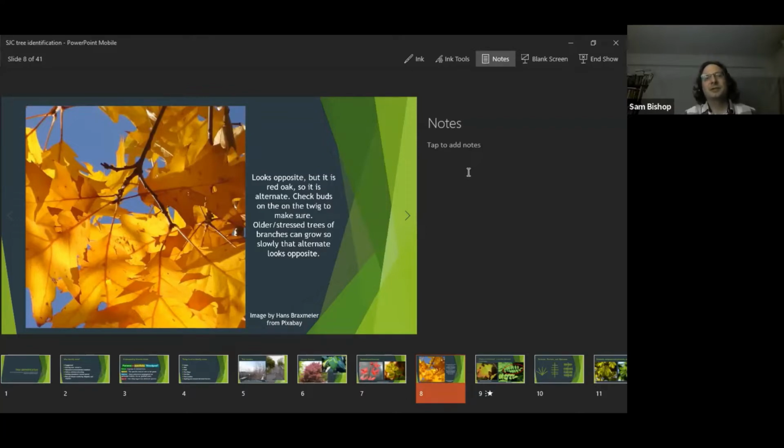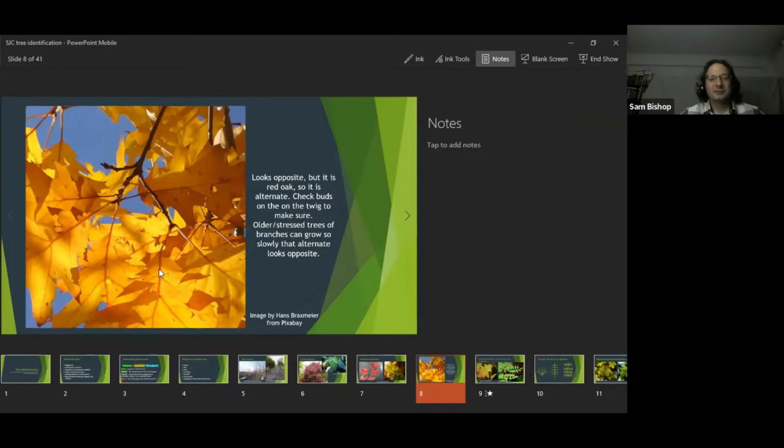Like looking at this red oak, you can see that there's a lot of leaves on there, like right here, that even though they're actually alternate, they look opposite because the gap between the two leaves is so tiny on that very slow growing twig. So that's why when you're doing opposite and alternate on a tree, it has to be one or the other. It can't be both.